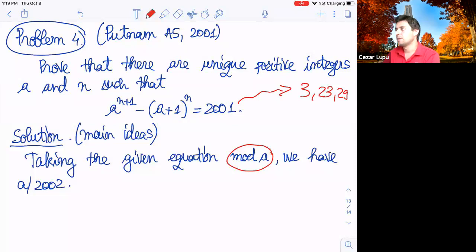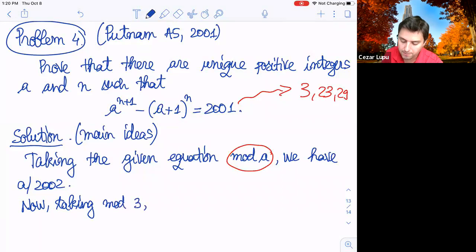All right. Maybe I'll do something mod something. Since I have that 3 over there, maybe I should mod 3. Look at this equation mod 3 to see what's going on. So mod 3, what do we have?